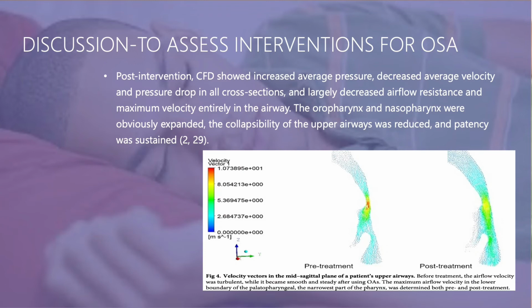Post-intervention, CFD showed increased average pressure, decreased average velocity and pressure drop in all cross sections, and largely decreased airflow resistance and maximum velocity throughout the airway. The oropharynx and nasopharynx were obviously expanded, the collapsibility of the upper airways was reduced, and the patency was sustained.